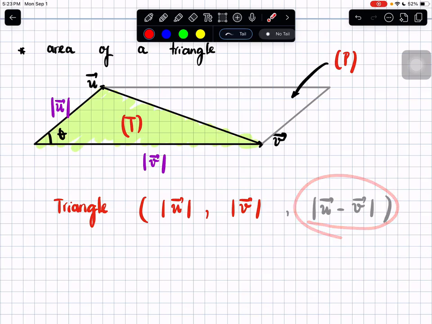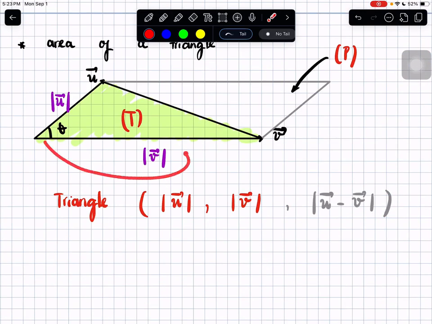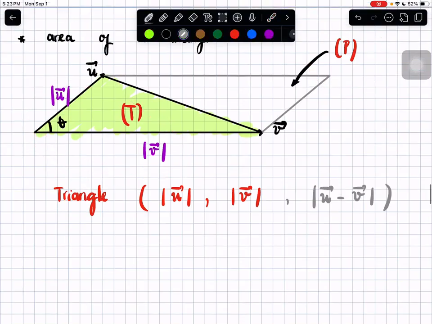The area of this triangle is half of the area of the parallelogram P.